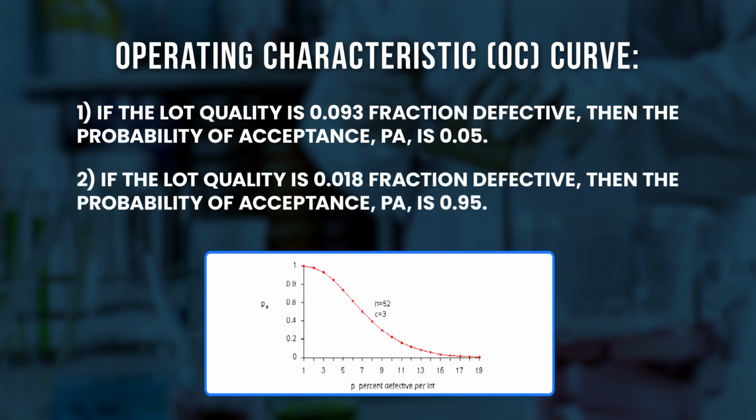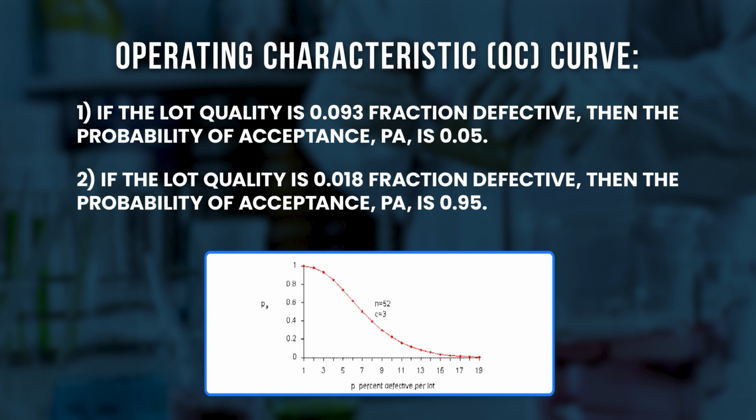If the lot quality is 0.018 fraction, that means 1.8% defects, then its probability of getting accepted is 95%. So in 95% of the cases, the lot will pass if its defect level is 1.8%. And if defect level is 9.3%, there are only 5% chances that the lot will pass.